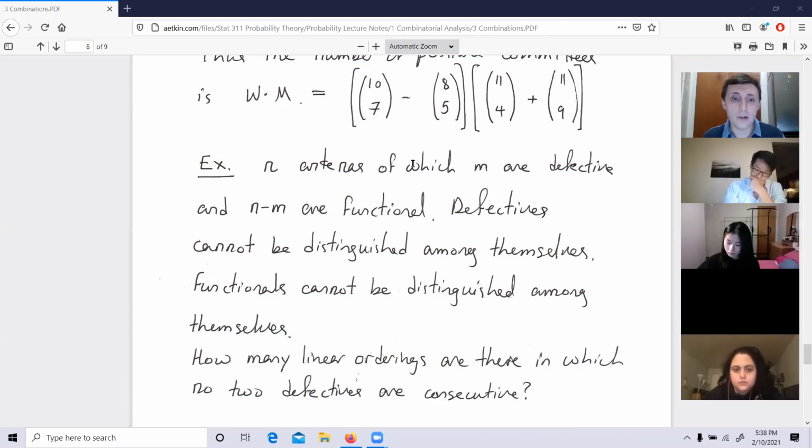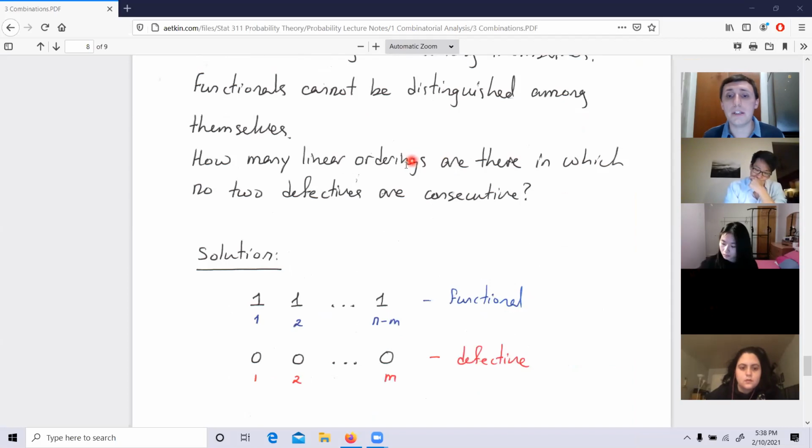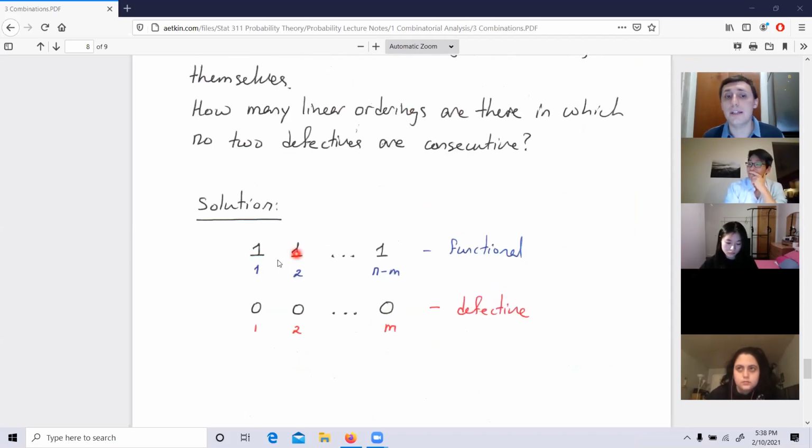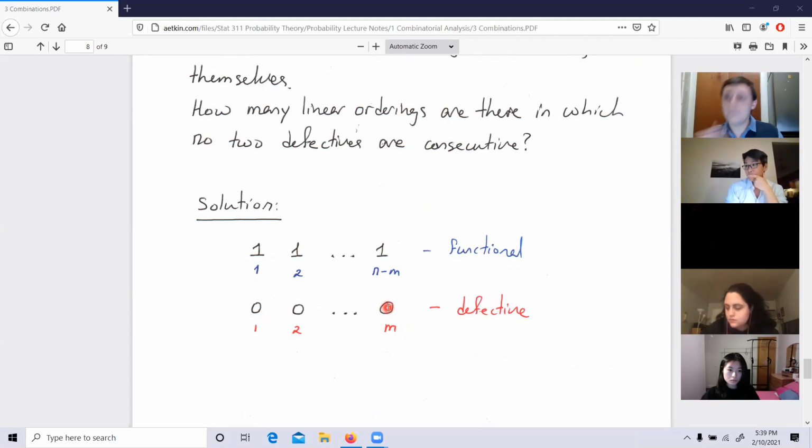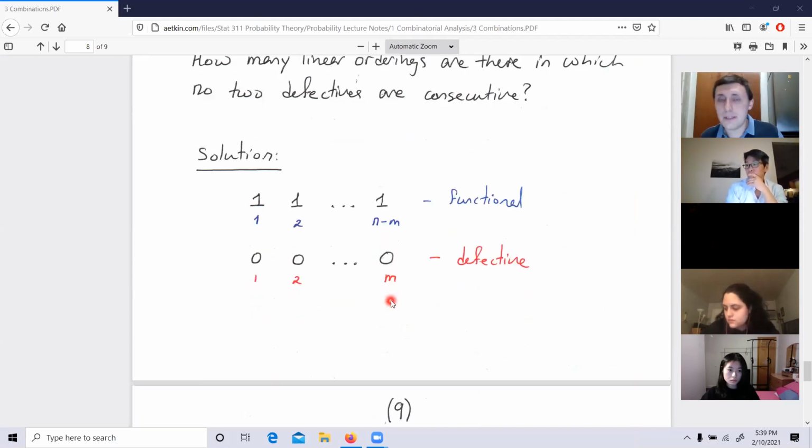Okay, so I can imagine that we have the functional antennas labeled as 1 and the defective antennas labeled with 0. So we have n minus m functional ones and m antennas labeled as 0. Good. And in this arrangement, the defective antennas must be separated. They cannot be all together.